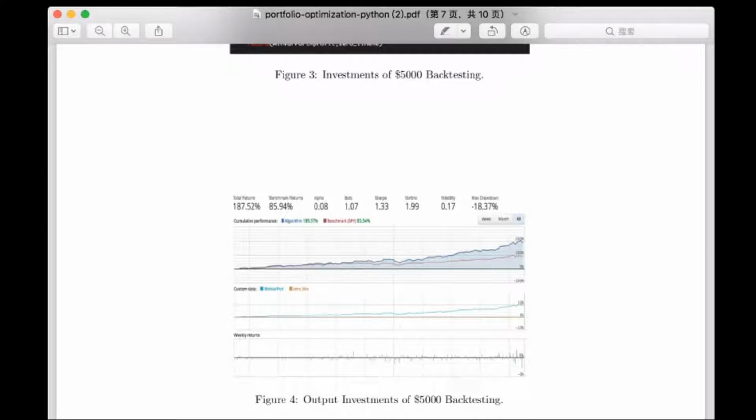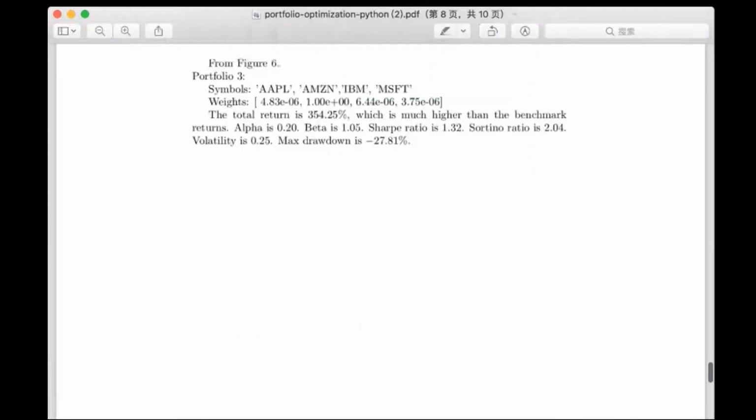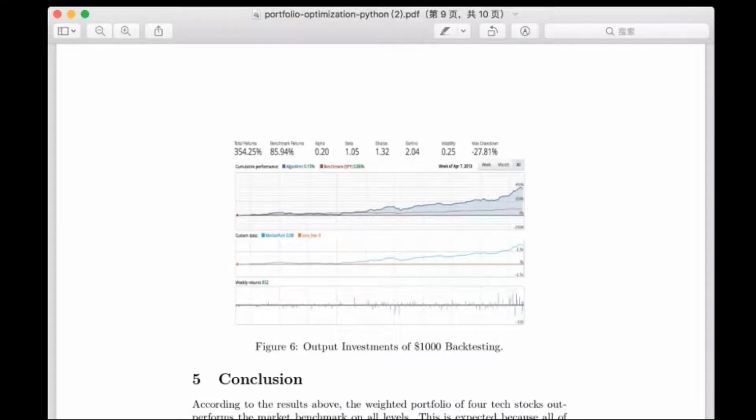From figure 6, we do an investment of $1,000. The total return is 354.25%. Because the investment here is not that big, by using our method the weight is 1 for Amazon, so we choose only 1 stock here.